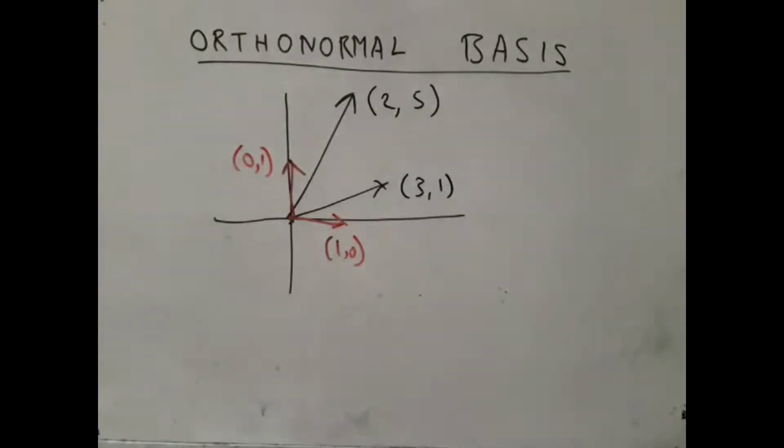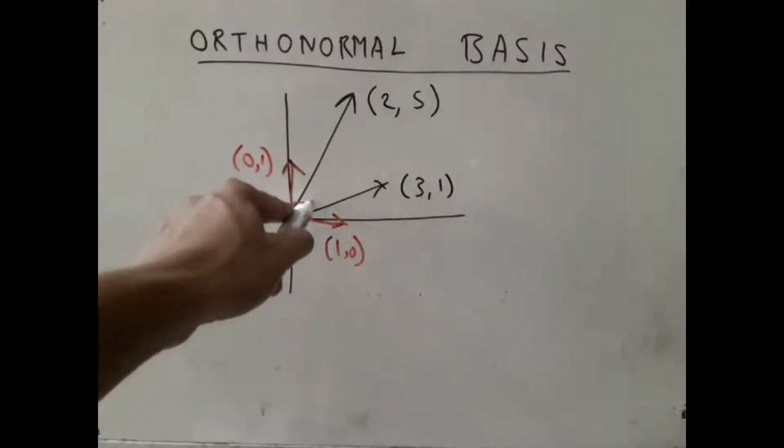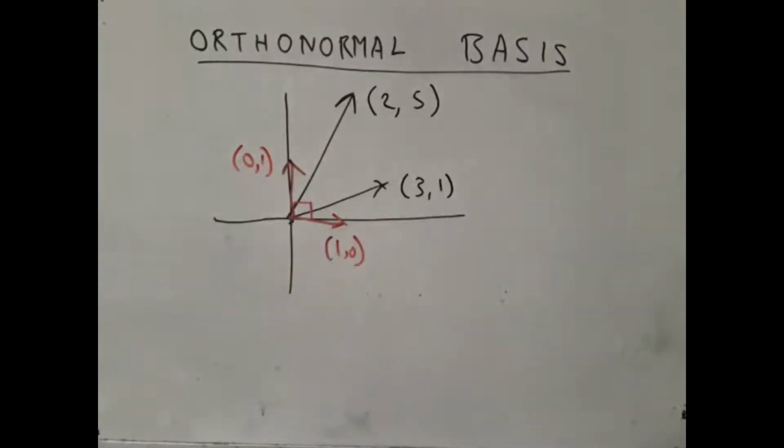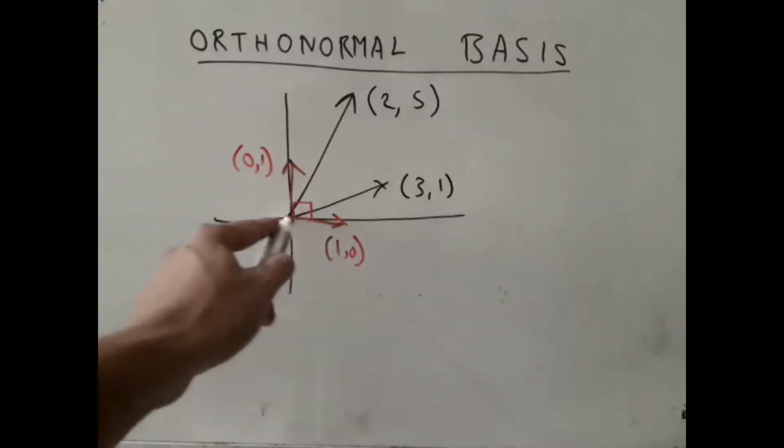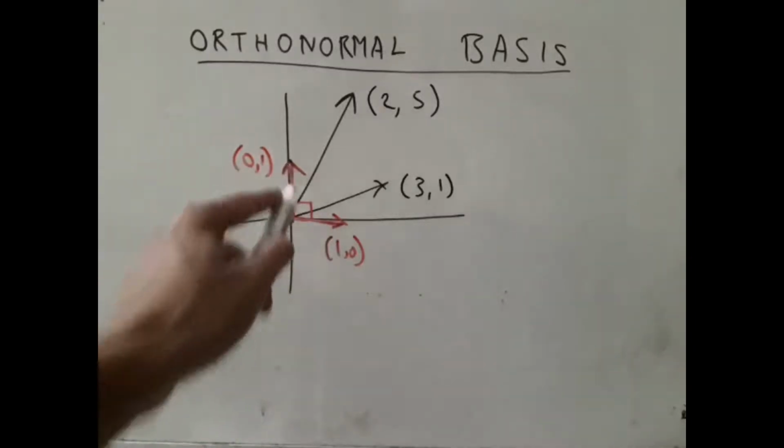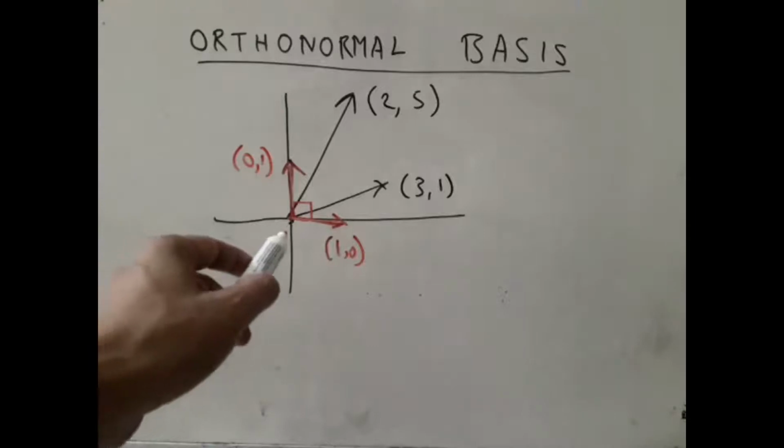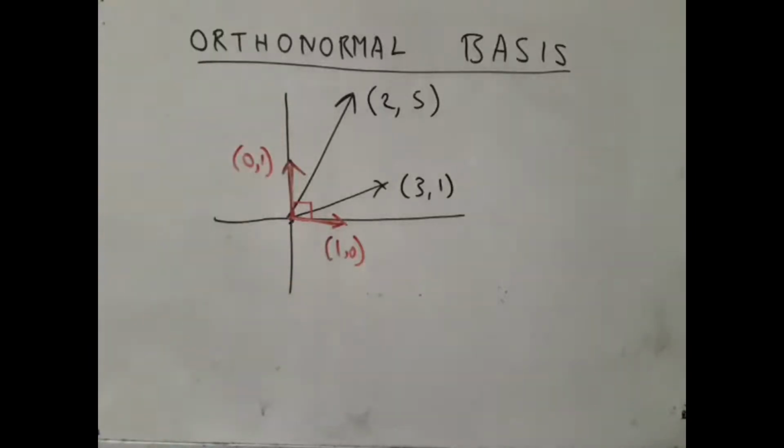This advantage is what makes an orthonormal basis very helpful. So the definition of an orthonormal basis is: it's a basis, but at the same time the angle between the basis vectors is 90 degrees and they are also of unit norm or unit length. It is not important that these two things must be aligned with the axes.